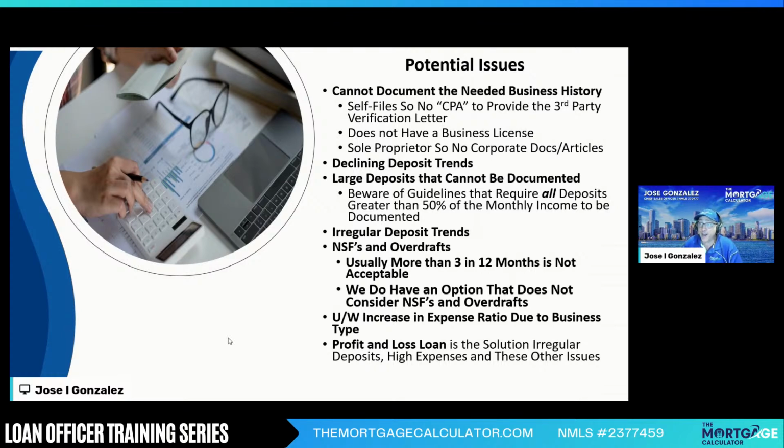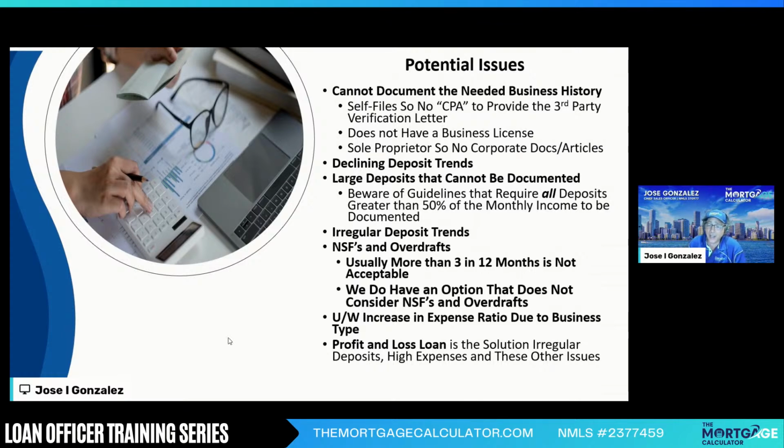Also, be very aware of the underwriter increasing the expense ratio due to the business type. So you do your calculations based on an 80% profit margin, 20% expense factor, but then the underwriter says, wait a minute, look at this business.